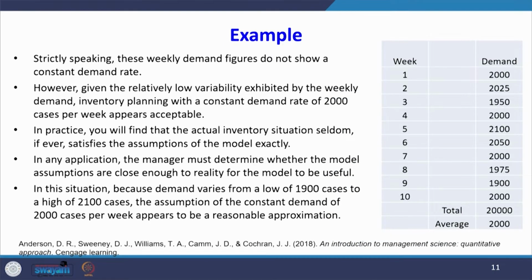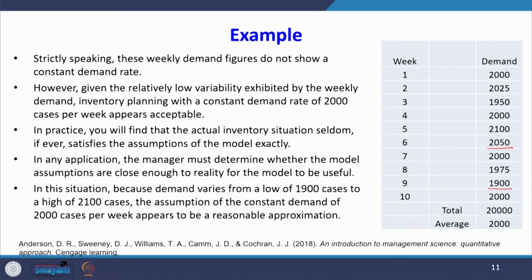Strictly speaking, these weekly demand figures do not show a constant demand rate. You see that sometimes it is not a straight line, sometimes 2000, sometimes 2025, sometimes below 2000, even 1900 the lowest value, highest value is 2050.